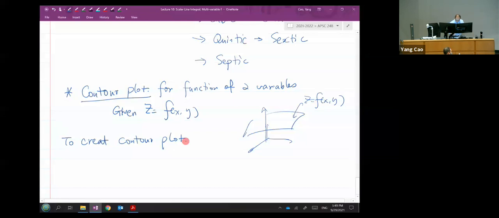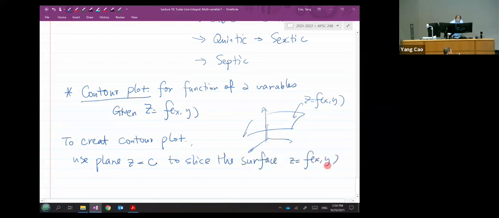The way you can create a contour plot is you use the plane z equal to c. Then you slice the surface z equal to f of x, y. You don't just slice once, you slice it as many times as you want by setting c to different values.